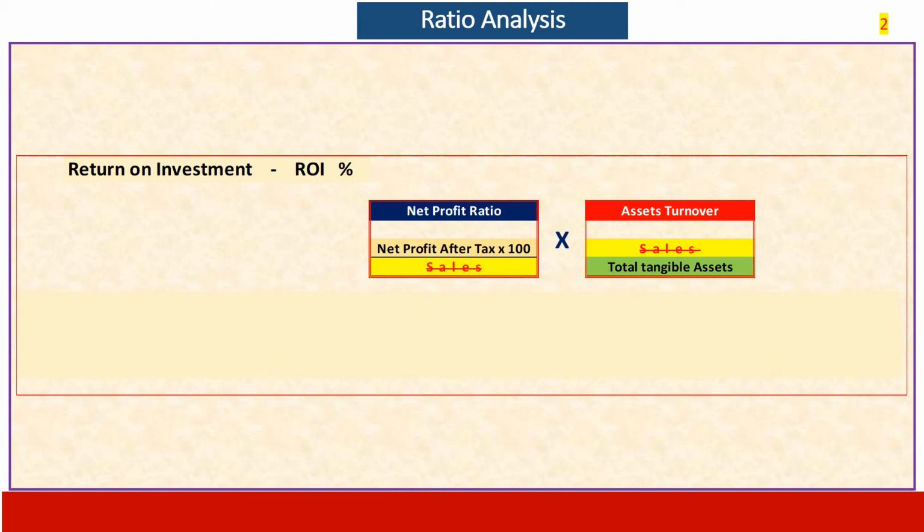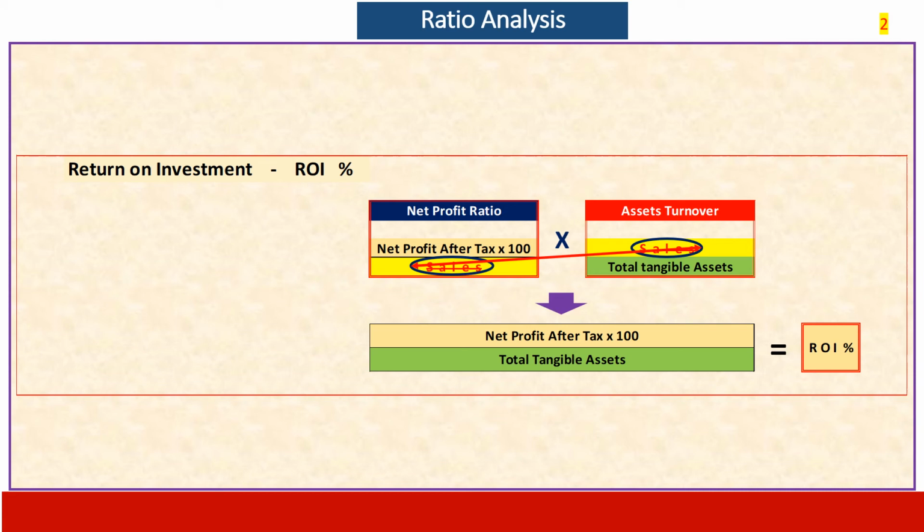When we multiply the two, sales appears on both sides, in the denominator and numerator. It gets cancelled off, and what we are left with is net profit after tax divided by total tangible assets into 100, which is ROI.